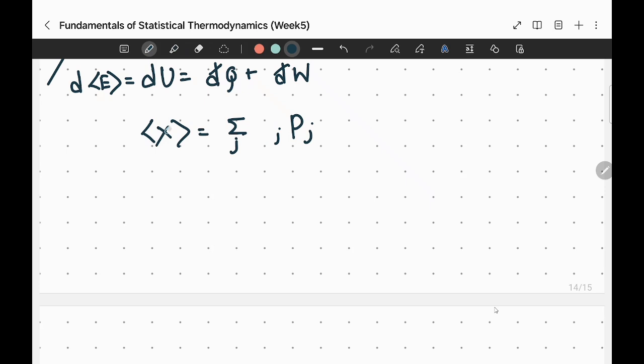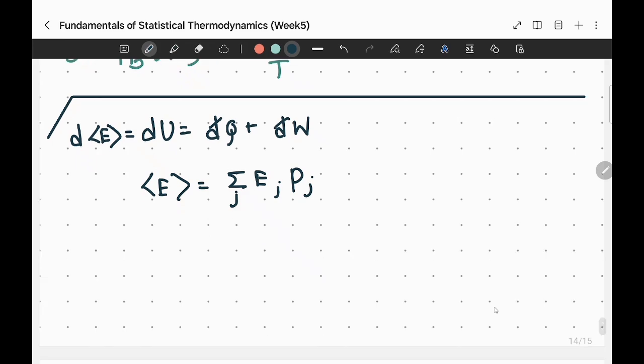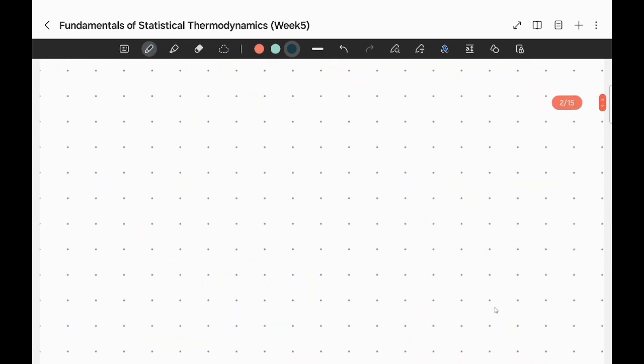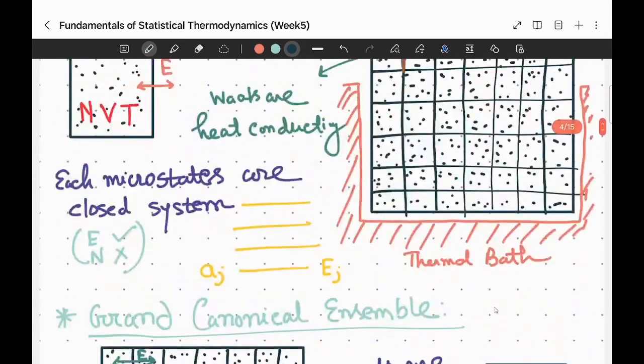Here it is internal energy, so it will be Ej Pj. Again, I'm saying this is not the molecular average. That means these Ej are not the molecular energy levels. That was epsilon j, which is for the molecular partition function. This is the canonical ensemble. In the last class I did that canonical ensemble part, that's why I'm writing this.